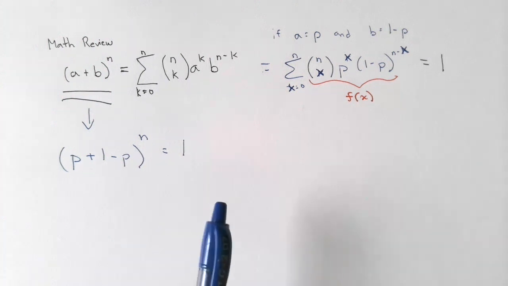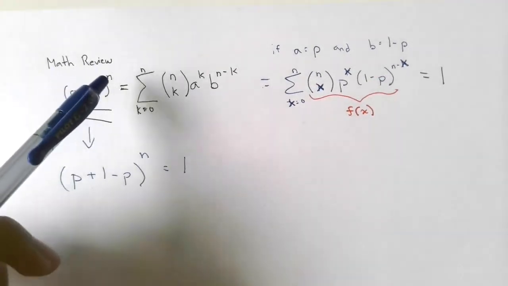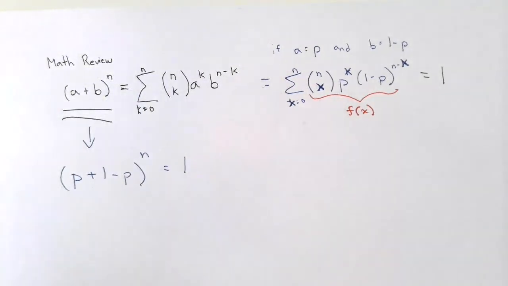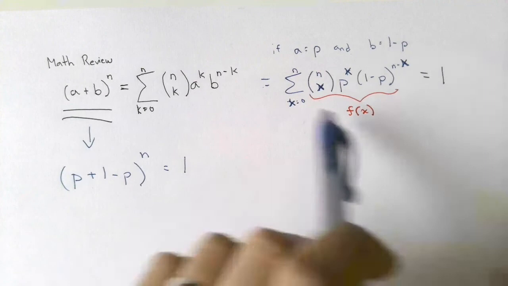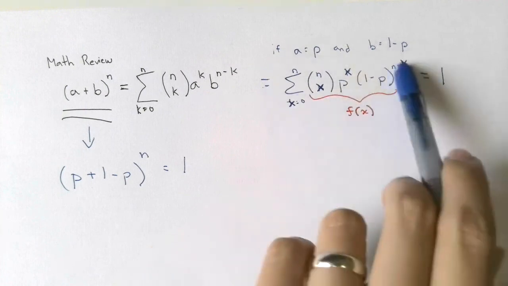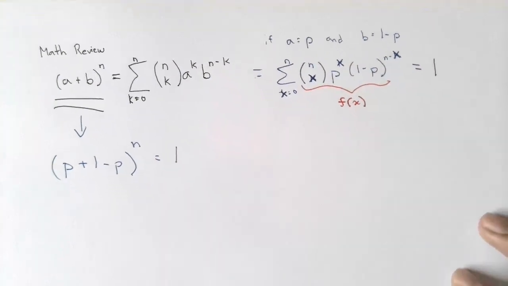It makes sense mathematically, because we know that a plus b to the power of n is equal to this, that is just how math works, so the binomial distribution should satisfy it, and it does. From a statistical point of view, it tells me that the sum of this probability mass function is equal to 1. So that is where the binomial distribution comes from.